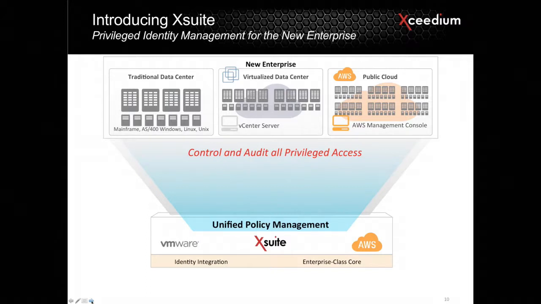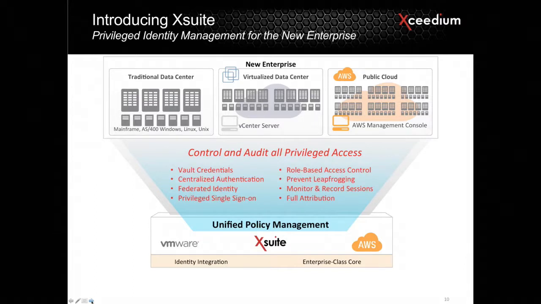So whether you have instances running up in the public cloud, or need to control access to the management console, we can do that. And the list of things that we can do, you'll get to see, but it's vaulting of credentials, a centralized authentication mechanism, a federated identity capability we talked about, single sign-on, role-based access control, etc. Sean will show you some of these things as we go through the list.